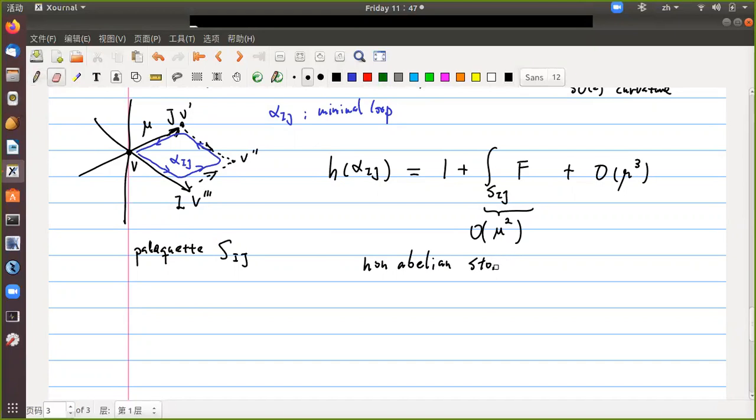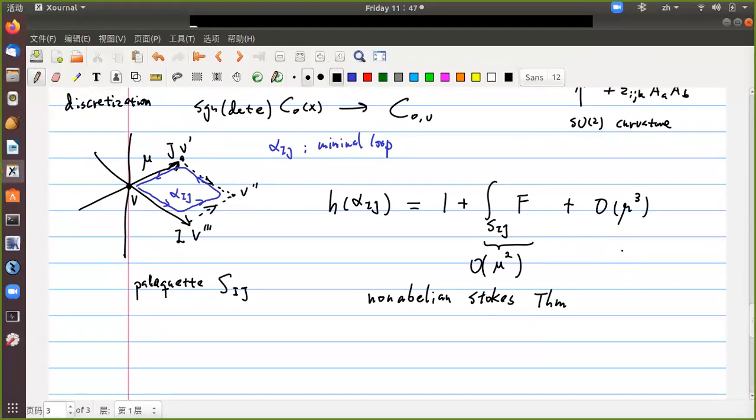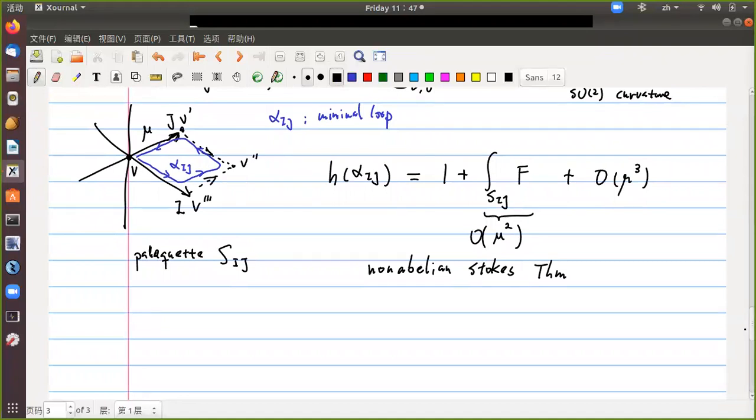I'm not going to prove this theorem, but to find the proof, you can just Google non-abelian Stokes theorem and you will easily find it. But here I'm just going to illustrate why this formula can exist.